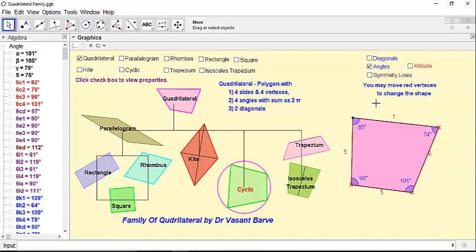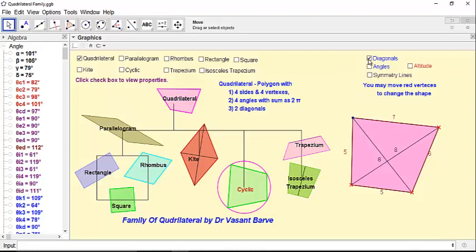Similarly, the sides also may all be different. After seeing these angles, let's see that it must have the diagonals. So it has 2 diagonals. When you join the opposite vertices, you get the diagonals.